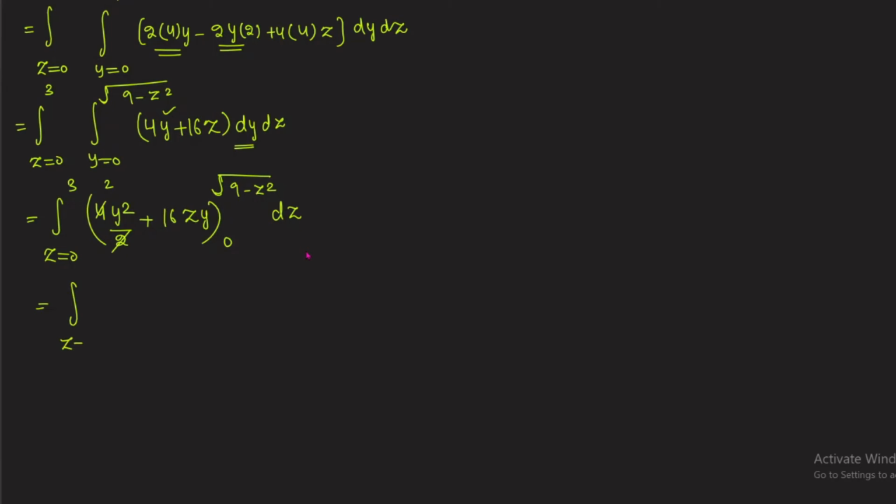We have z equal to 0 to 3. Put the upper limit in place of y. So we have 2 into y square. Square and square root will get cancelled. We have 9 minus z square here plus 16 z into y value. Z value will be here as it is. Y value is root over 9 minus z square dz.